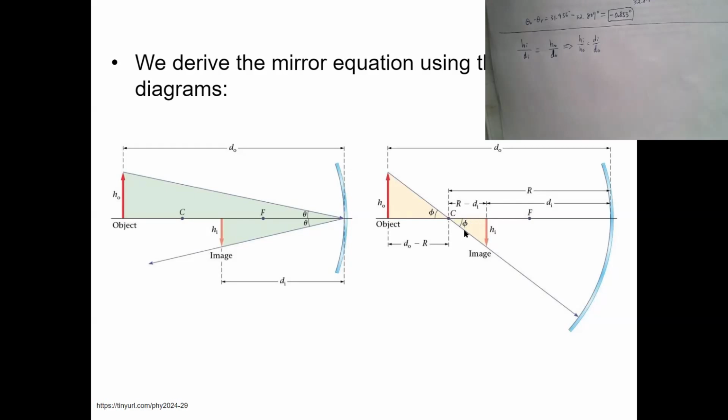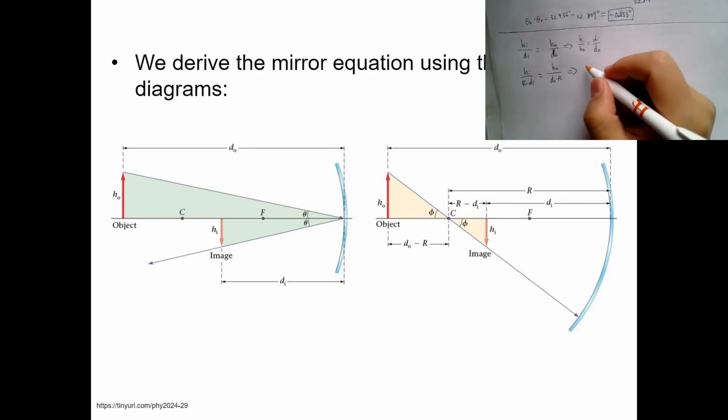You can write another equation: HI over this distance, which is the radius of curvature minus the distance of the image, equals HO over this distance, which is DO minus R. So HI over R minus DI is equal to HO over DO minus R.